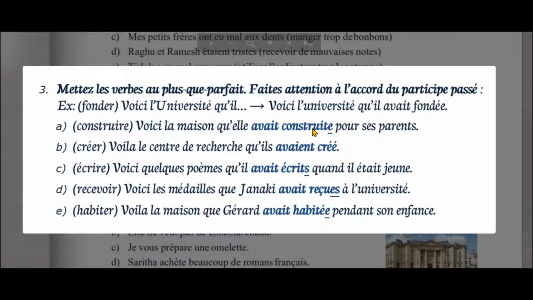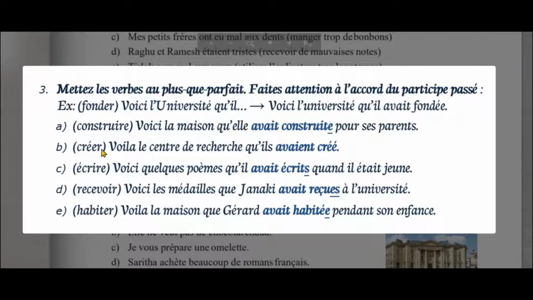Now, this has an irregular past participle, so it is CONSTRUIT, and I told you, this past participle has to agree with this direct object, because whenever the direct object comes before the auxiliary verb, this past participle must agree with the direct object. In this case, house is feminine, therefore you have to put an additional E here.